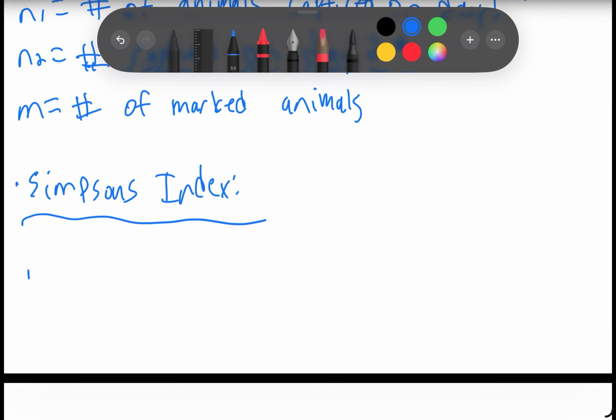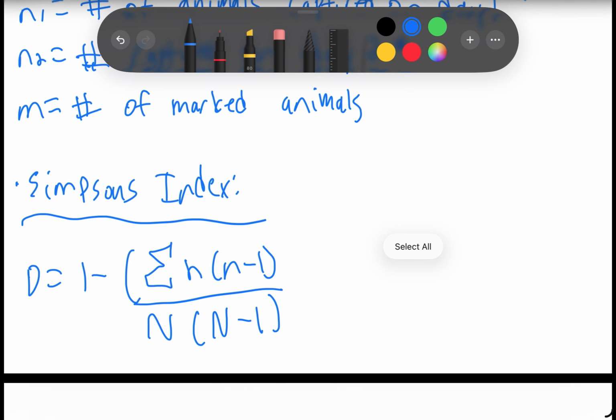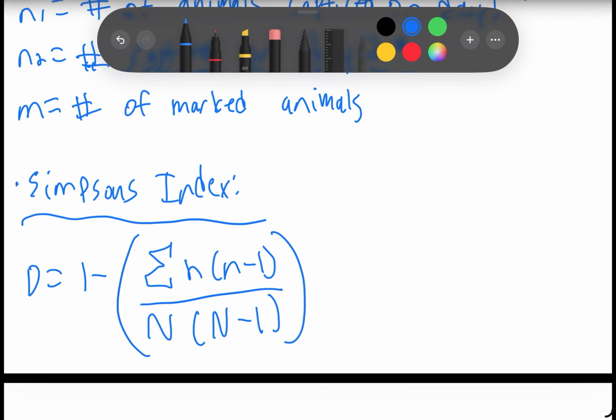Okay. And then your Simpsons index is D equals 1 minus sigma, N times N minus 1 divided by capital N, N minus 1, all that minus 1.